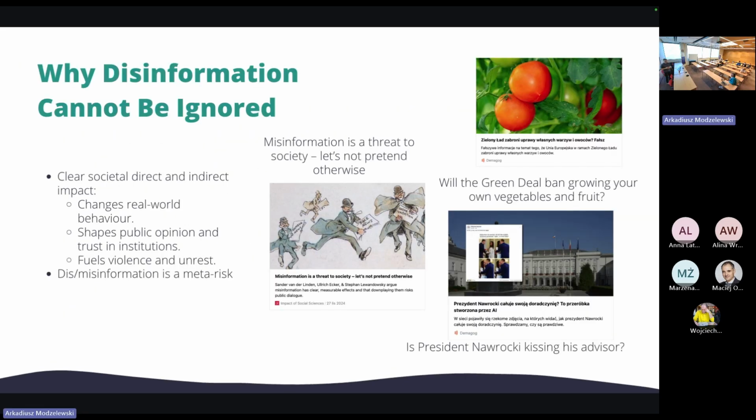Okay, so I'm pretty sure that we all understand that disinformation is quite an important topic, especially nowadays. There are many different examples of disinformation that show it can influence even our lives, especially when it comes to medical disinformation.